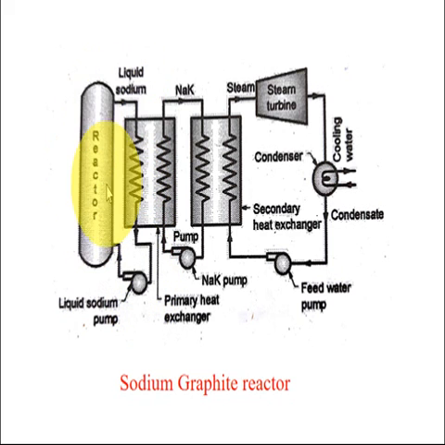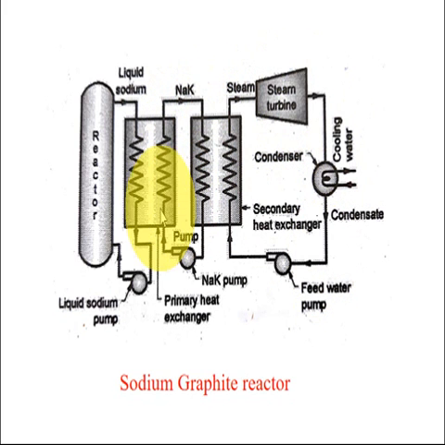When liquid sodium comes in contact with the nuclear reactor, it gets heated, and the high temperature liquid sodium enters the heat exchanger, where it transfers the heat to the potassium liquid, and then this sodium potassium liquid transfers the heat to the water, and water is converted into steam, which is further used in the Rankine cycle for generating power.